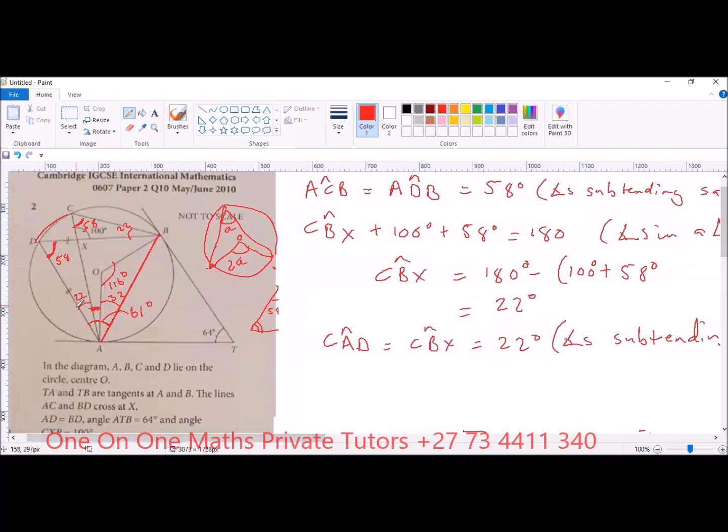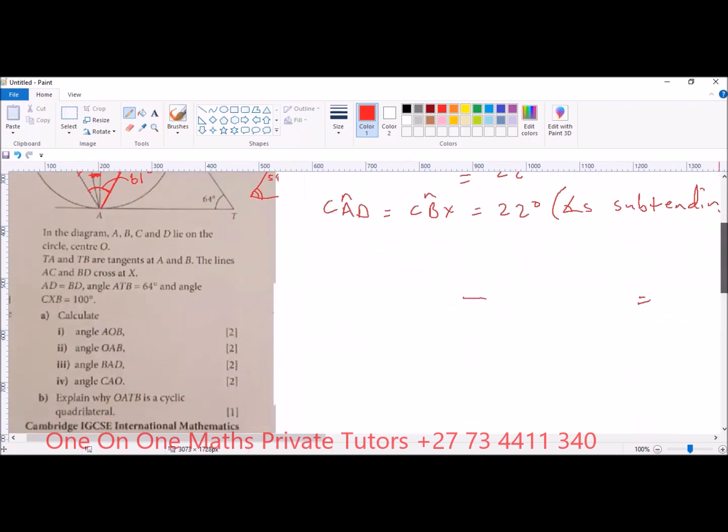So this is 22, this is 32, 22, 32, and the whole angle is 61. So CAO is what we are looking for, isn't it?